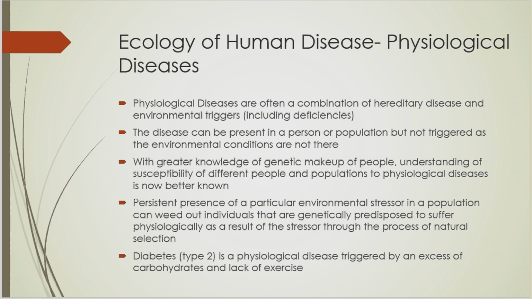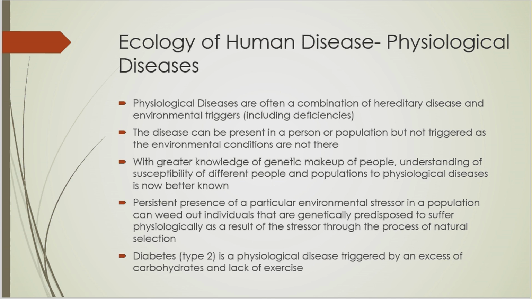So this disease can be present in a person or a population, but is not actually triggered. So the disease may be there, but the person may not be feeling ill at all. Okay, because it doesn't show any symptoms. But when the environmental triggers are in place, then the disease and the symptoms of the disease get triggered.